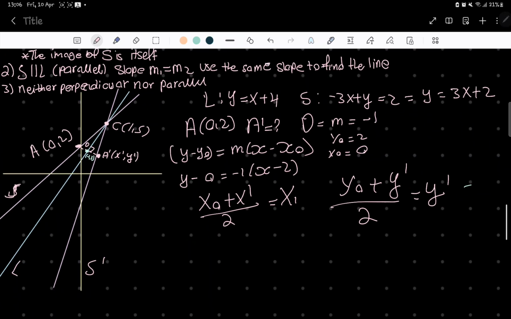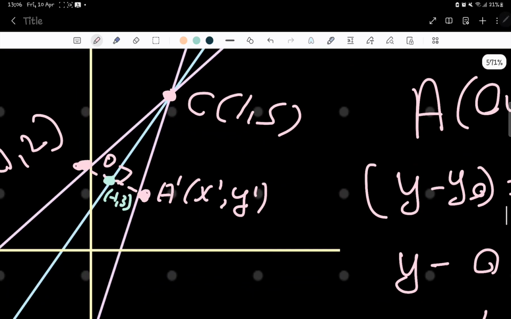What this particular equation does is that when we add these two points, this plus this divided by 2 is going to help us find this particular point in the middle.